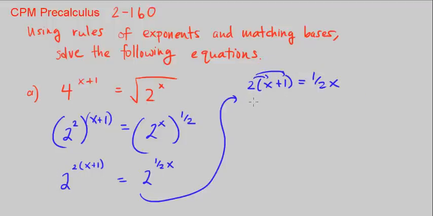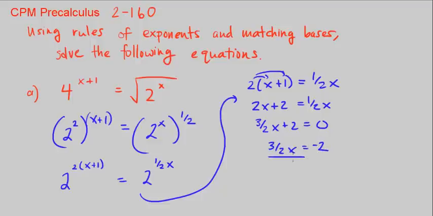Let's distribute that 2, right? Let's subtract 1/2 x from both sides. We get 1 and 1/2 x here, or we can write it as 3/2 or 1.5, either way. Plus 2 is equal to 0. Because we subtracted 1/2 x from both sides, let's subtract 2 from both sides.